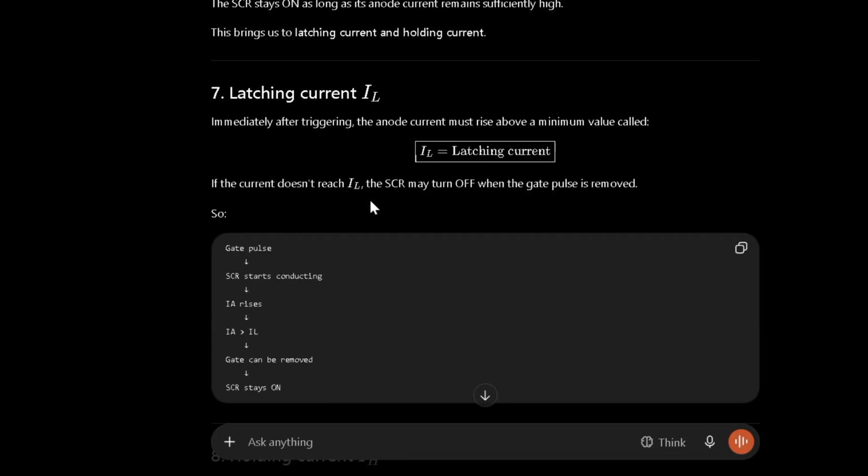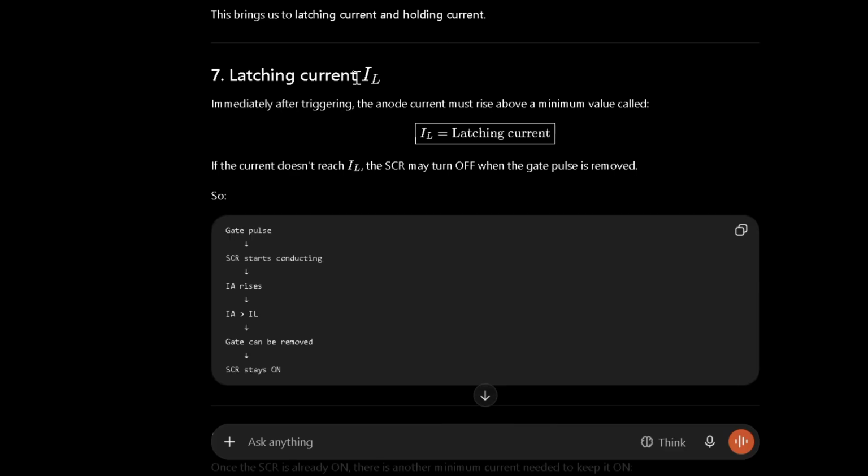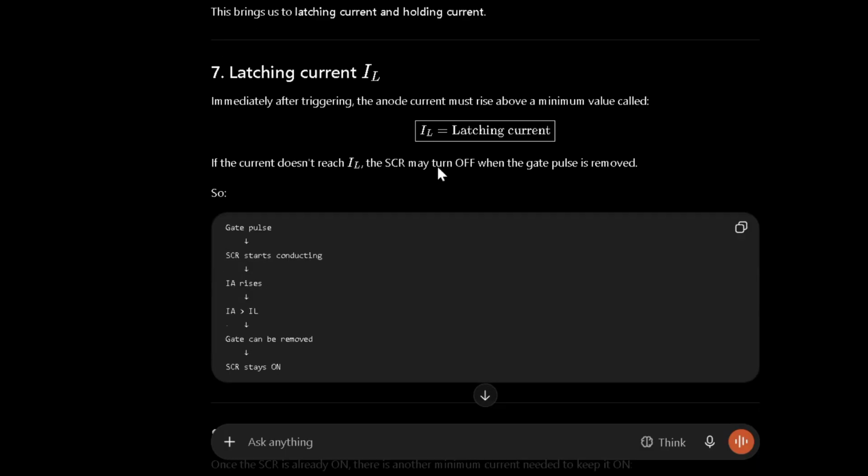Immediately after triggering, the anode current must rise above a minimum value called IL, the latching current. So the current value has to reach the value called the latching current. It has a value, and it has a definition.